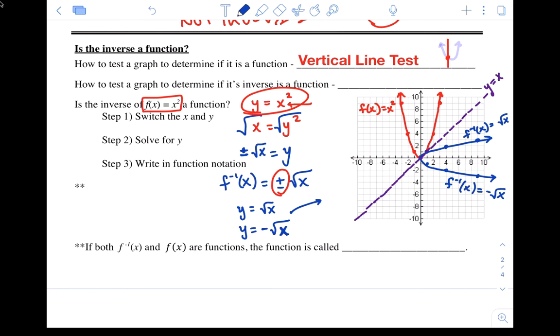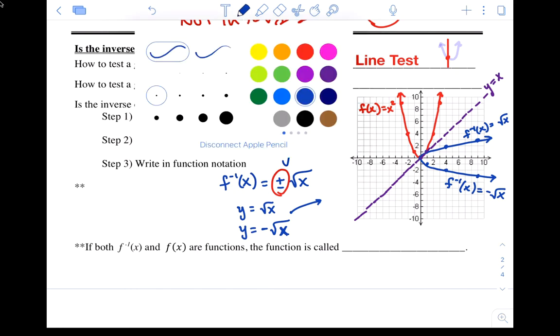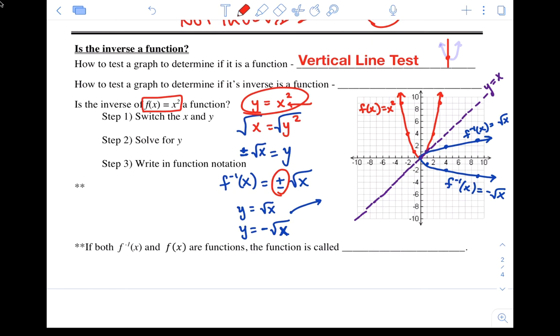I went to a lot of trouble to figure out that my inverse does not pass the vertical line test, and therefore my inverse is not a function. It would have been really nice if there was an easier way to do that.